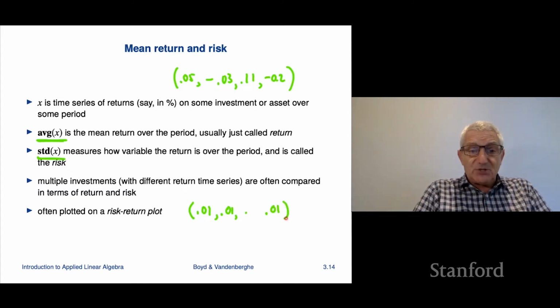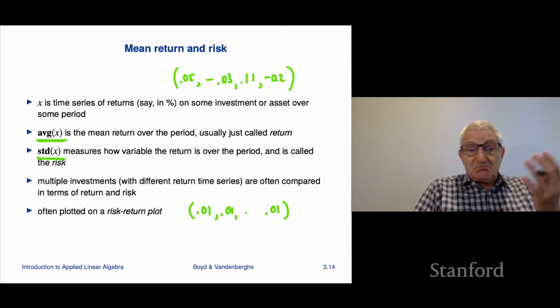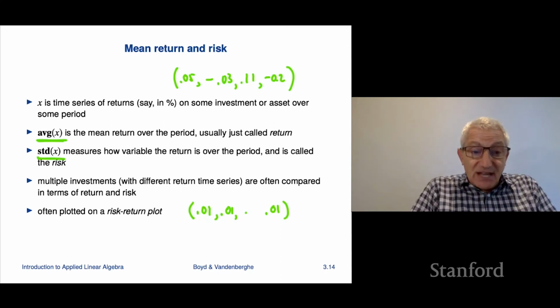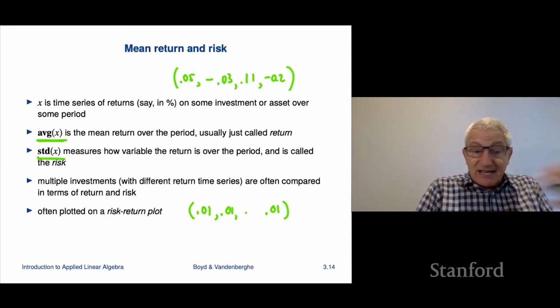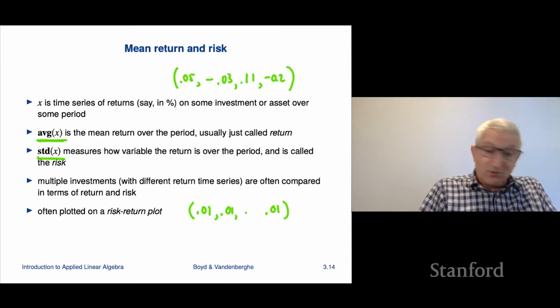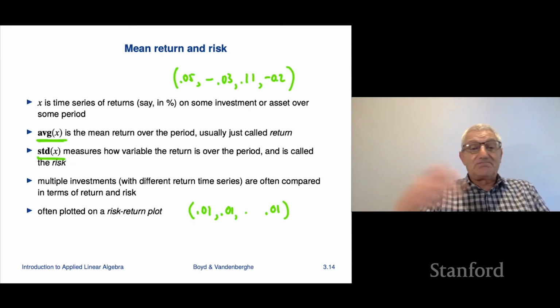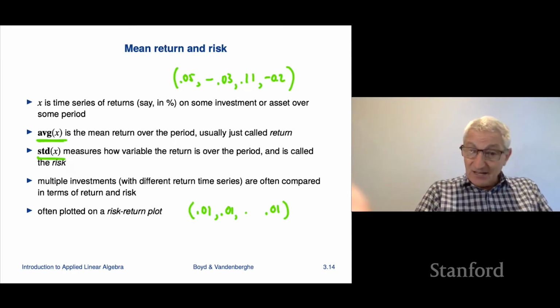You'd say, what was the mean return? You go, 1%. And you go, what was the standard deviation? And the answer is 0. And so we interpret that as sort of risk. It means that you were guaranteed to make, whatever it was, 1% in each time period. That was never higher, it was never lower.